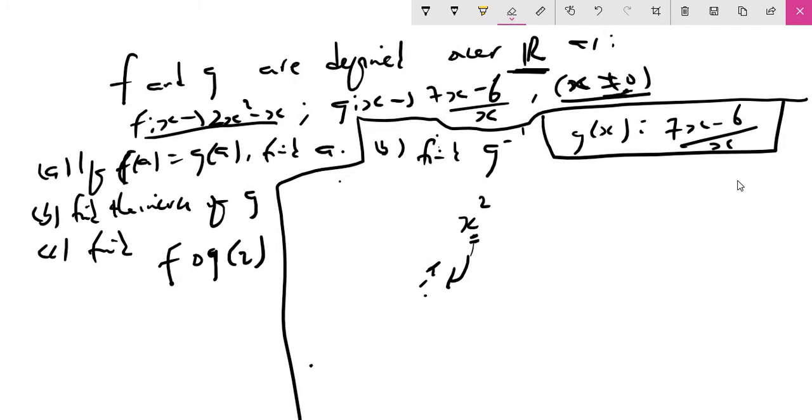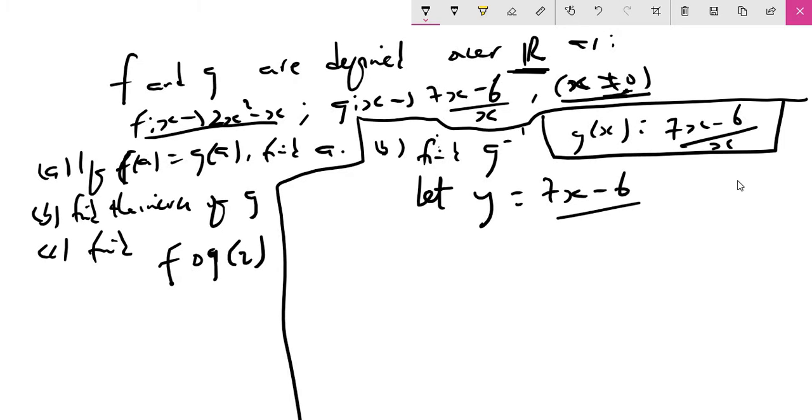Now there's a neat little way of finding it. First we say let y equal 7x minus 6 divided by x. When you evaluate this expression given x, it will give you some value y. So let y be the value that you get whenever you substitute the x in here.